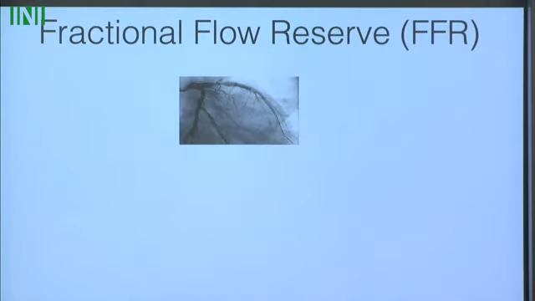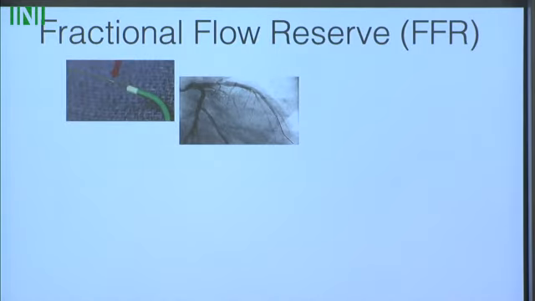Right, and then fractional flow reserve. This is a schematic of coronary arteries in a human heart, and one way to diagnose a stenosis in such a vessel is to compute the FFR, fractional flow reserve.